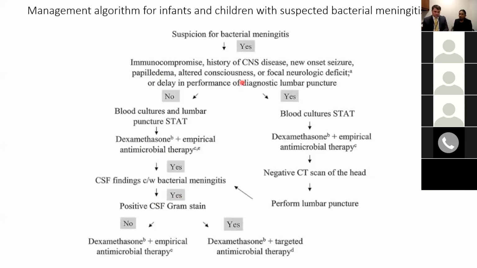We call it tonsillar herniation, where your lower brain area herniates down and collapses, so you cut off the breathing. So it's really important to think about that. You don't want to do an LP and relieve that pressure immediately and cause that bad outcome. So that's one of the reasons that you need a CT.